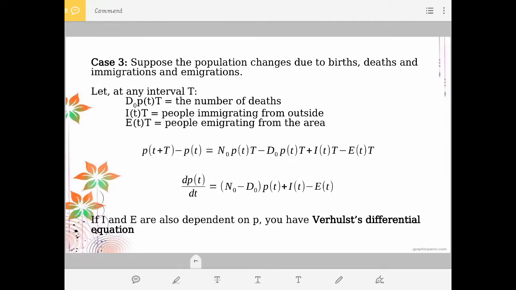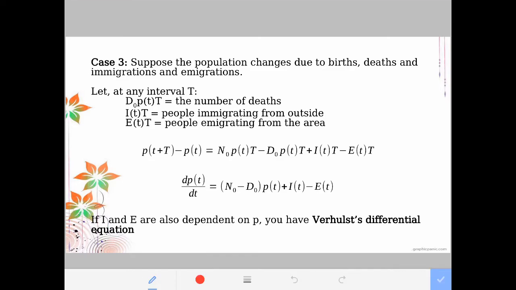Now, case 3. In case 3, we suppose that the population changes not only due to births, but we also need to consider deaths, immigration, and emigration. So for any time interval T, the change in the population is brought about by several factors. From case 2, the births are basically N0PT, from the initial population times how many are giving birth.